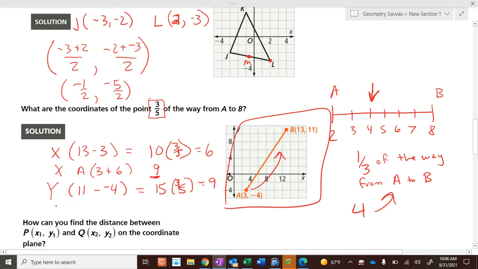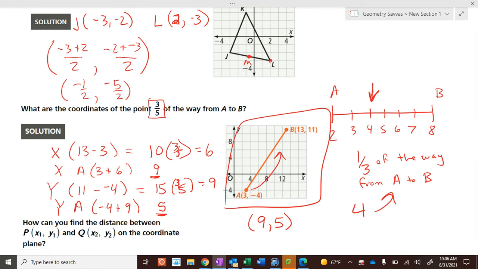So your y value from A, you were at -4, and then you have to add 9 to that, and you're going to get -4 plus 9 is 5. So your ordered pair is 9, 5. That's 3/5 of the way. Okay? So you have to do a little bit more work there.